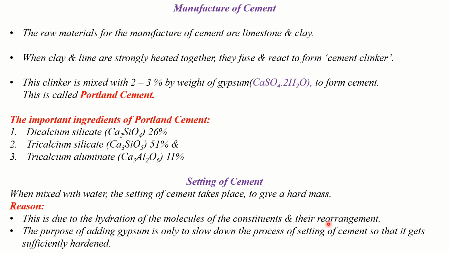Now, when I was talking about the manufacture of cement, I mentioned that 2 to 3% by weight of gypsum is mixed with cement clinker. What exactly is the purpose of adding gypsum? Gypsum is added only to slow down the process of setting of cement so that it gets sufficiently hardened.